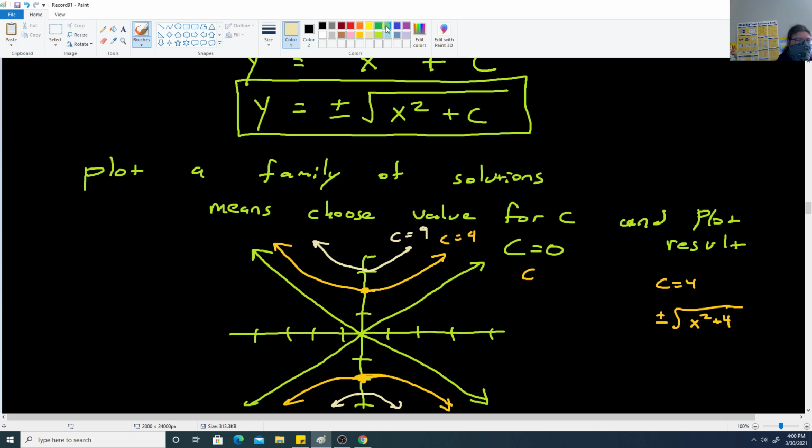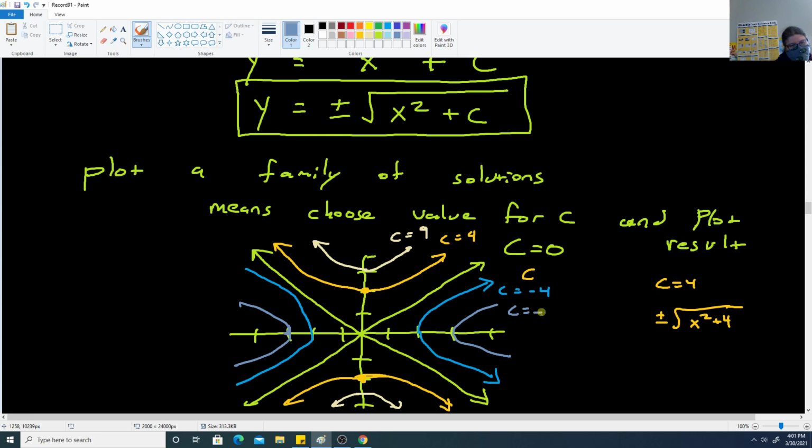And for similar reasons, if we did C equals -4, that will generate these types. If we do C equals -9, that will generate the ones that come down and touch on the sides at 3. So C equals -9 will be like that.